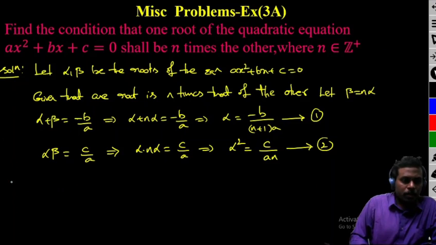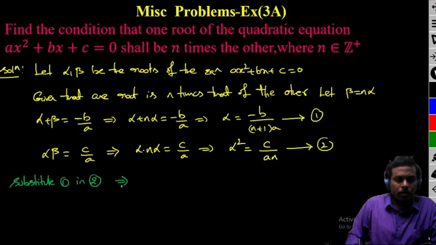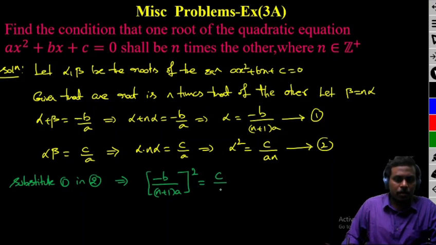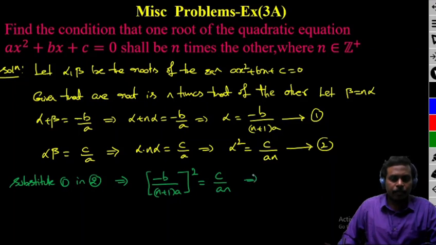Okay, now substitute equation 1 in equation 2. We get (minus b divided by (n plus 1) into a) whole square is equal to c divided by an. This implies b square divided by a square into (n plus 1) whole square is equal to c by an.